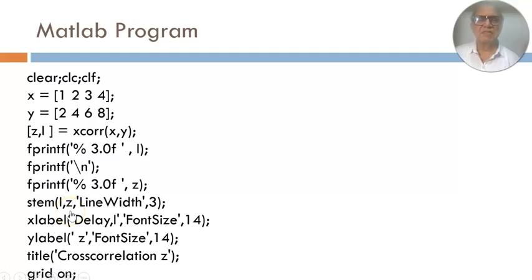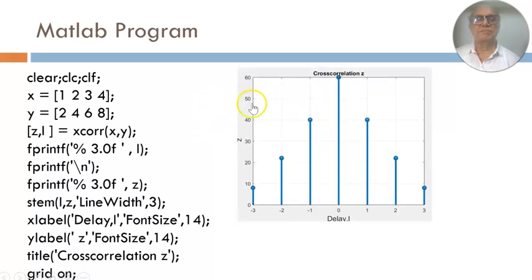Remember, it's a discrete function, so stem is better to use than plot. Then xlabel, ylabel, title, grid on, and so on. So when you do this, this is what you get. You can see for all delays, you get positive correlation.